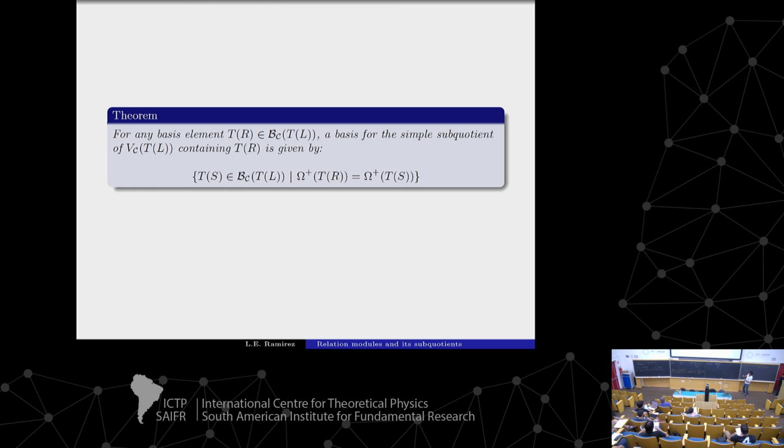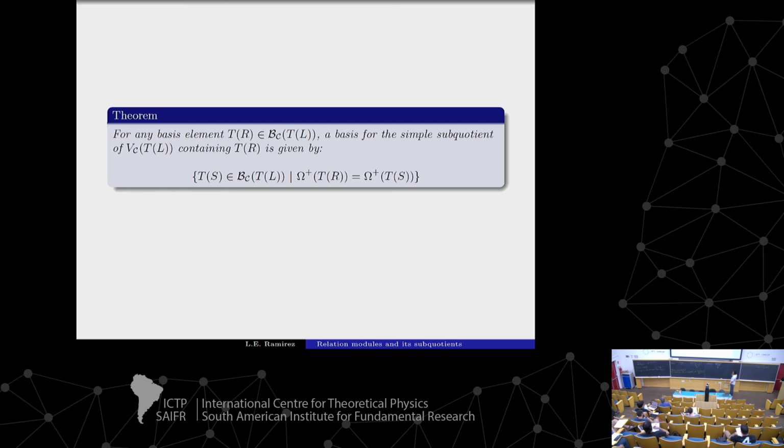We have this graph, and then what I am telling you is, in order to understand the simple subquotients, you take off the part associated with the set of relations and look at the arrows outside.